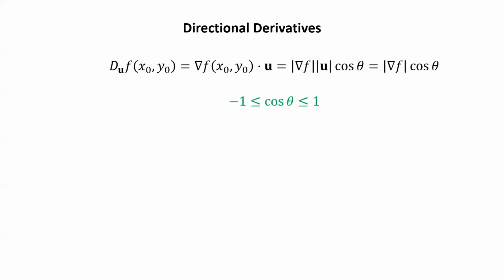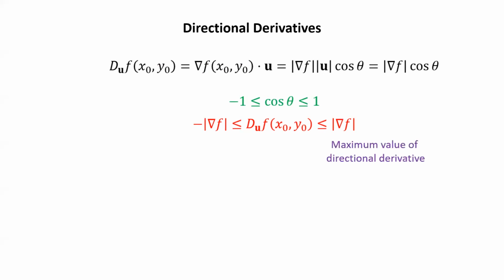Now, remember from basic trigonometry that cosine theta is always between -1 and 1. Multiplying each part of that inequality by the length of the gradient of f, we get negative length of the gradient of f less than or equal to the length of the gradient of f times cosine theta, which we just saw is the directional derivative, less than or equal to the length of the gradient of f.